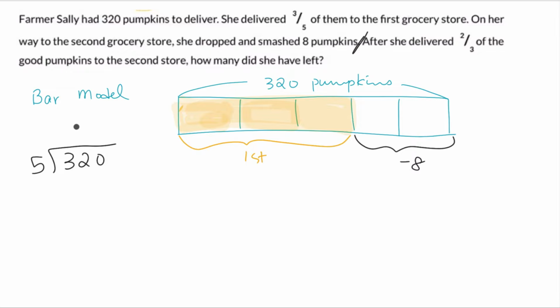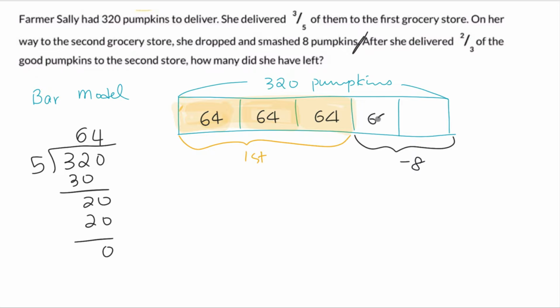So 300 divided by 5, we can do 5 times 6 is 30, and subtract that and get 20. 5 times 4 is 20, and the remainder is 0. So we know that 64 pumpkins go in each of these boxes. 64 and 64. Well, we get to know that 64 times 3 goes to the first grocery store, but we're not concerned about that, right?